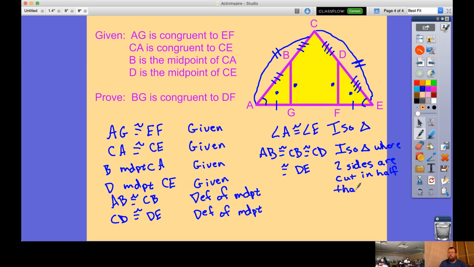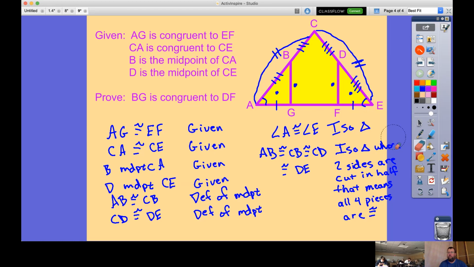That means all 4 pieces are congruent. Okay? You don't have to give me a theorem on that. Just put it in your own words. Technically, that is correct.